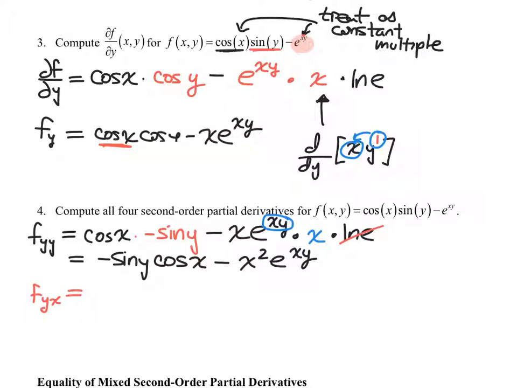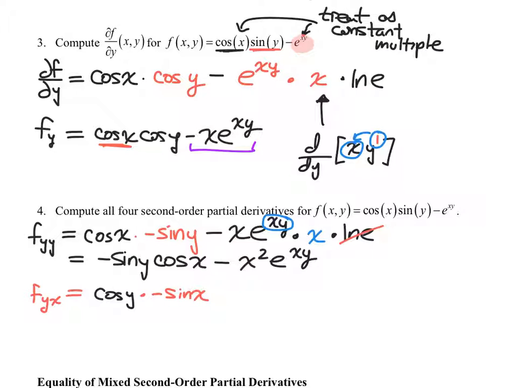So that's telling me that I'm hanging on to the cosine of x. I'm sorry, cosine of y, because that's the constant multiplier. Then I'm going to take the derivative of cosine of x, which becomes negative sine of x. That's not the part that makes it spicy. It's this part over here. I now have to take the derivative of that using the product rule.